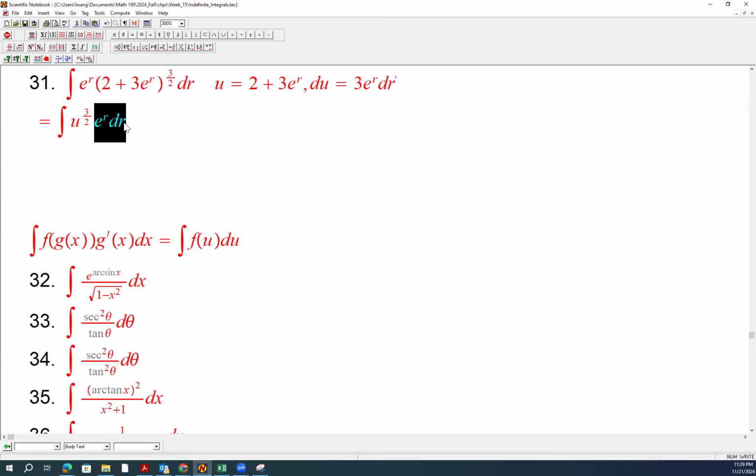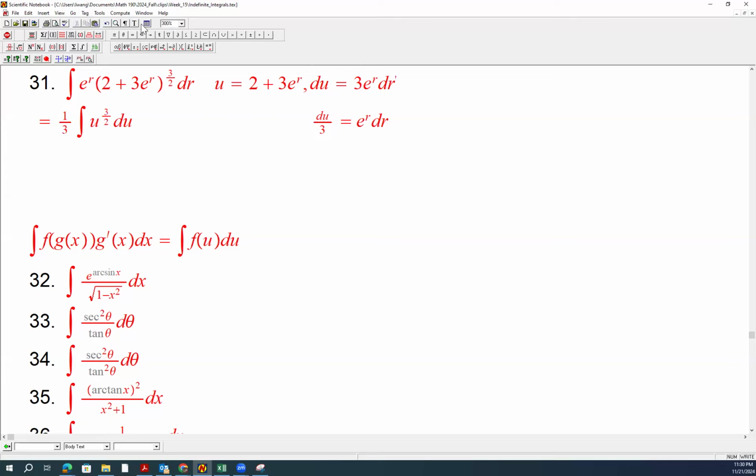So if I substitute by du, I will have to multiply by 1/3. Or from here, if we divide both sides by 3 in this expression, du over 3 equals e to the power r dr. It's just a bunch of algebra.